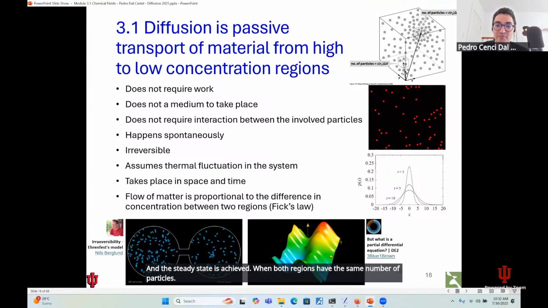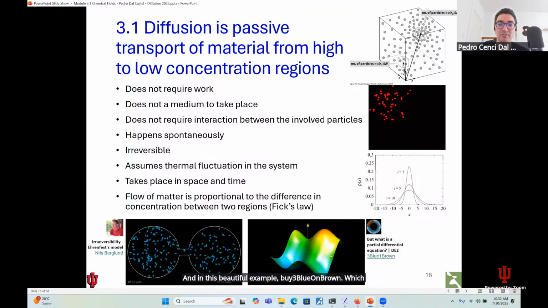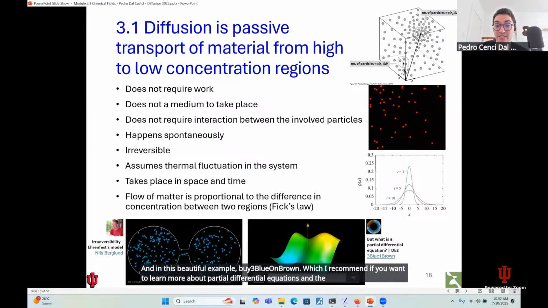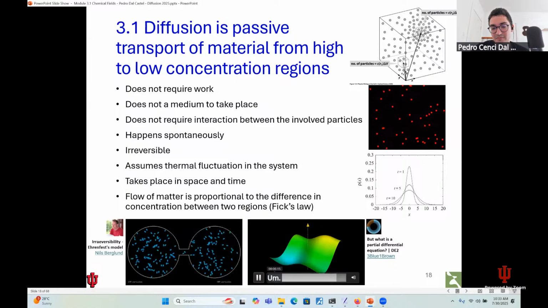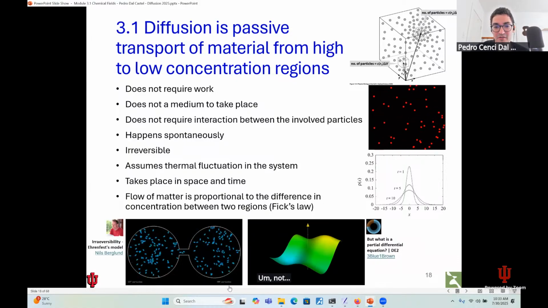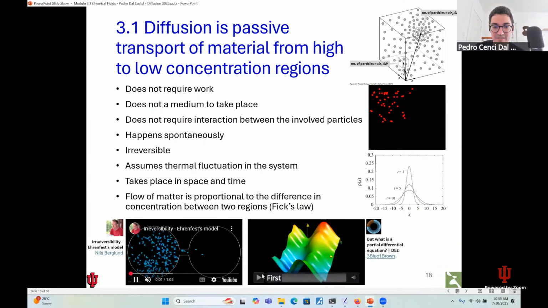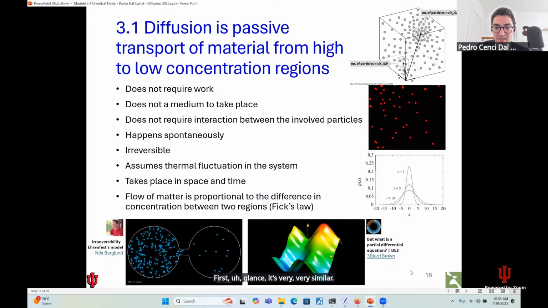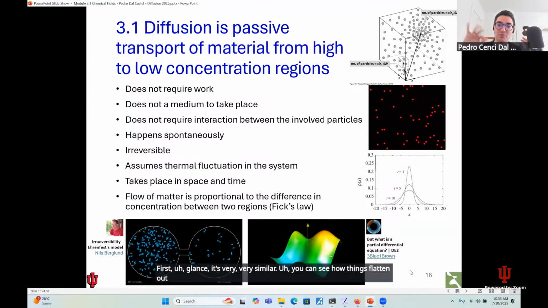And in this beautiful example by 3Blue1Brown, which I recommend if you want to learn more about partial differential equations and the diffusion equation, which is the same as the heat transfer equation. Not the same in all aspects, but at first glance, it's very, very similar. You can see how things flatten out, things smooth out.